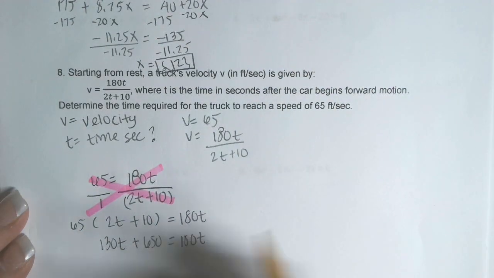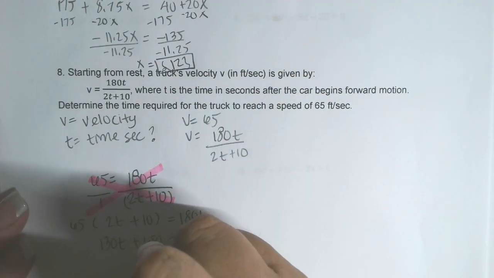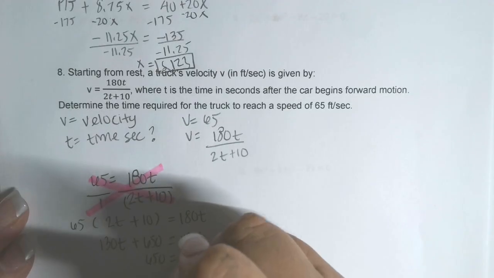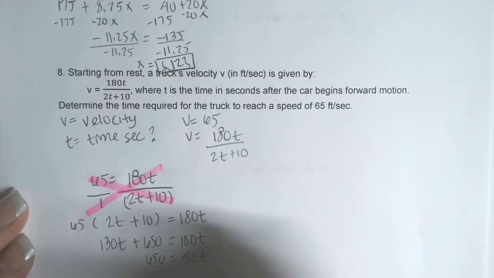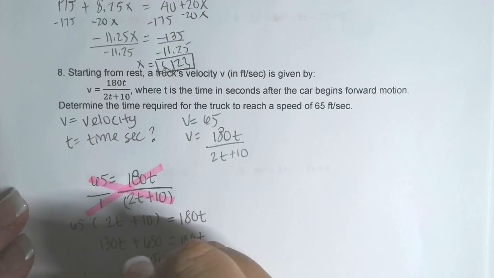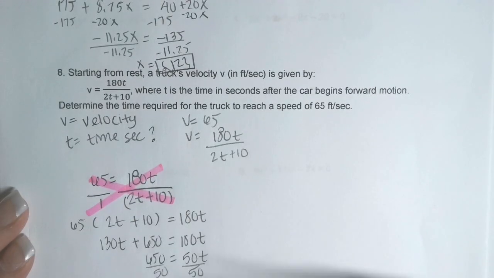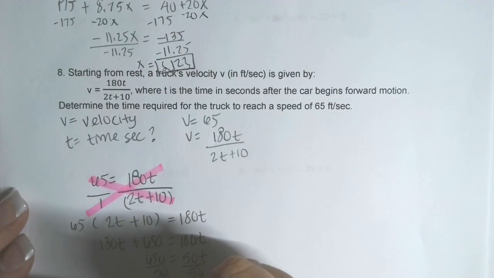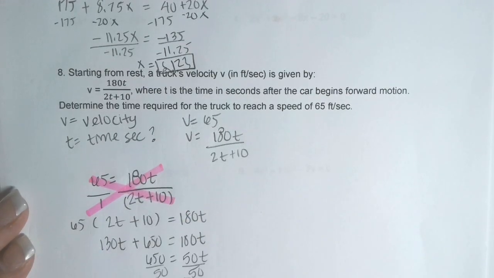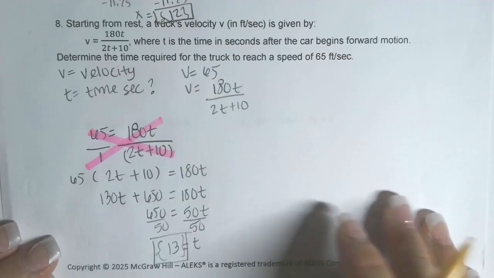We subtract 130t from both sides, so I get 650 equals 50t. Divide both sides by 50. T equals 13. So that's the time that it took for the truck to reach 65. There you go.